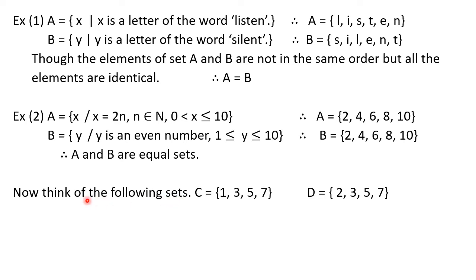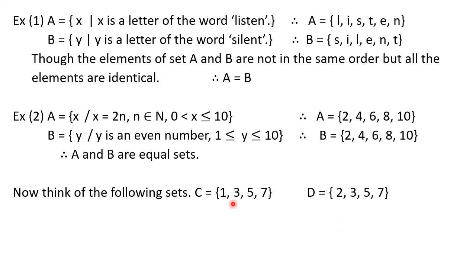Okay, here two sets are provided, C and D. Already they are in listing method. There is no need to convert. Now observe C and D. Observe the elements of set C and elements of set D. And think, are they equal?